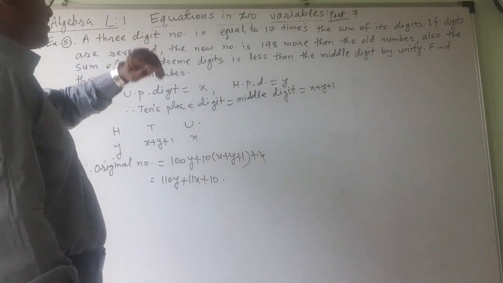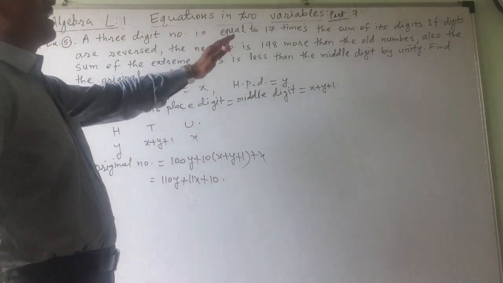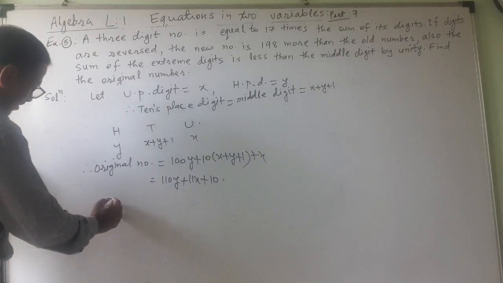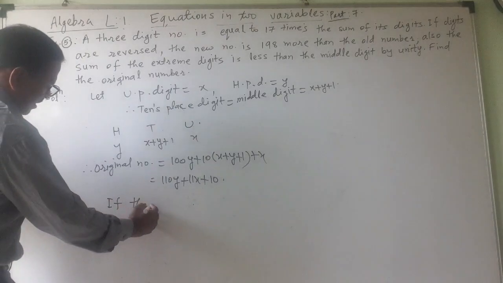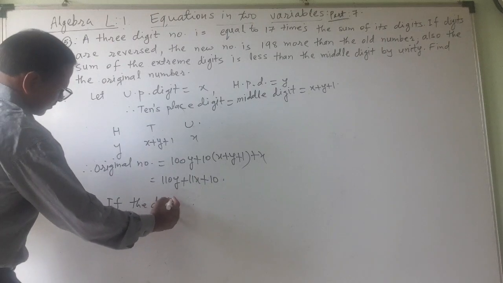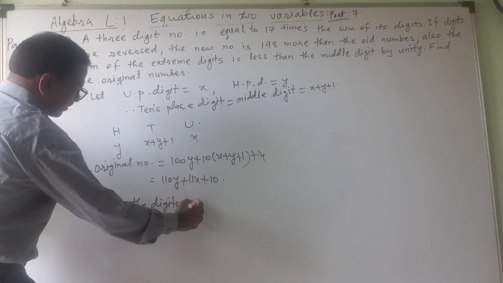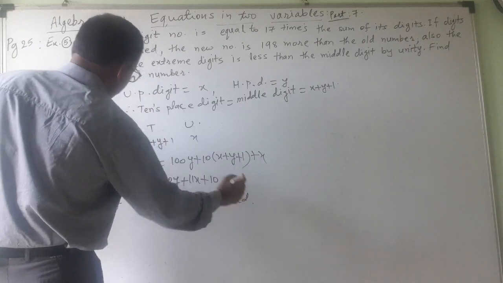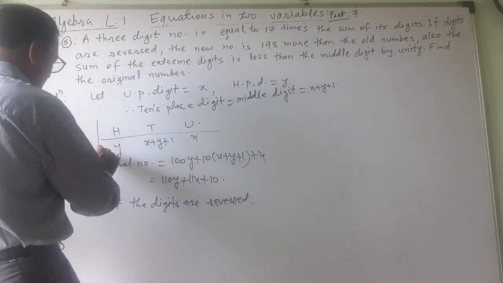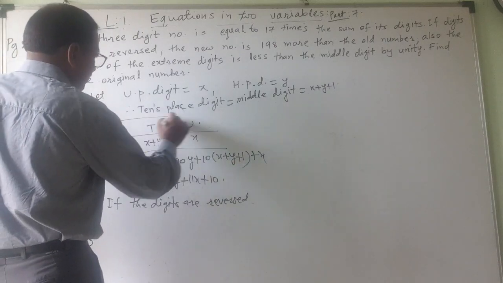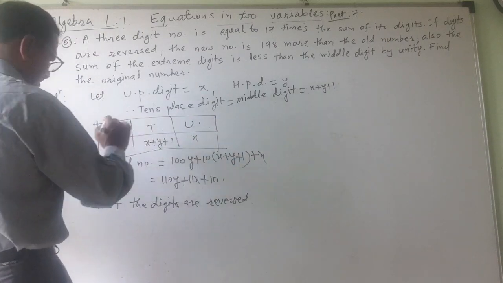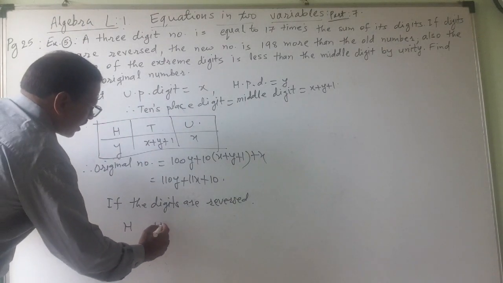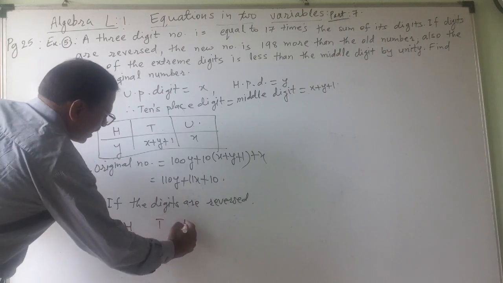If the digits are reversed, the new number is 198 more. Now, if the digits are reversed, here we have the hundreds place, tens place and the unit place.